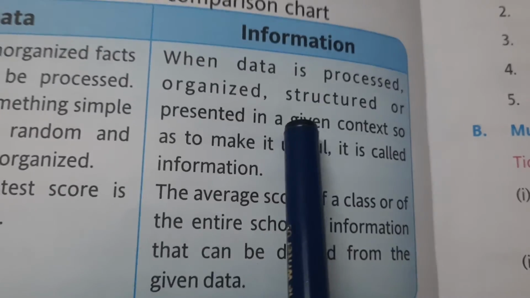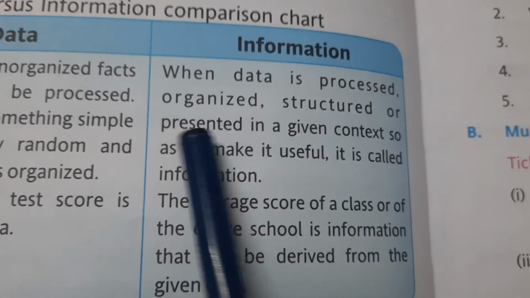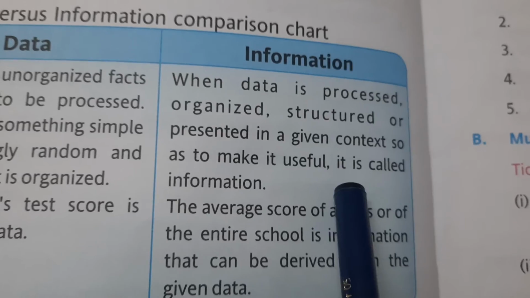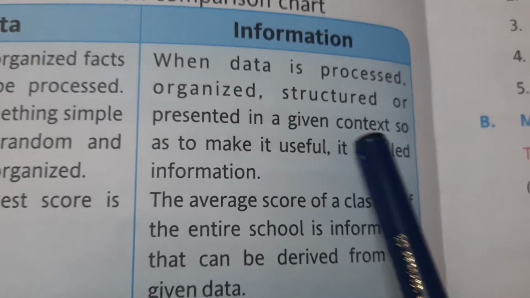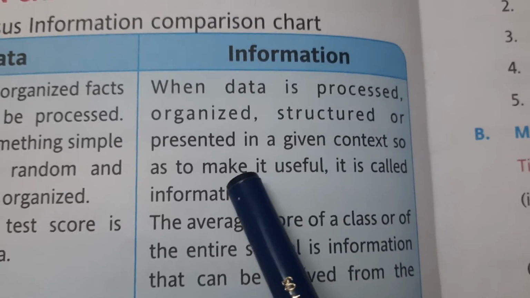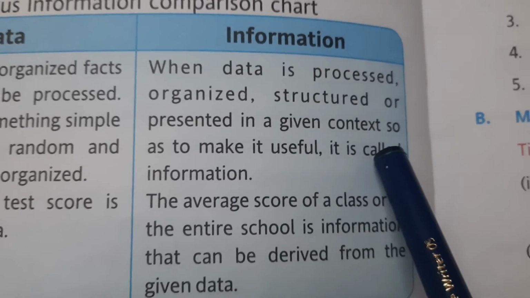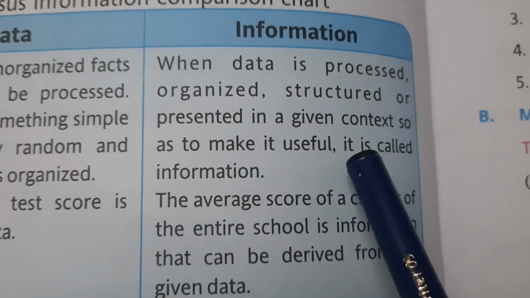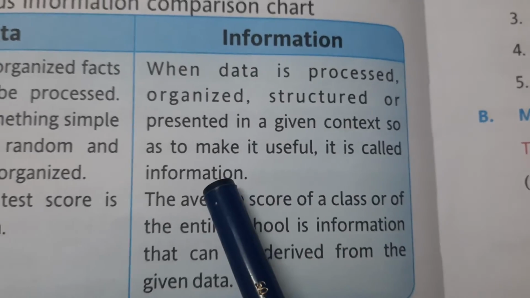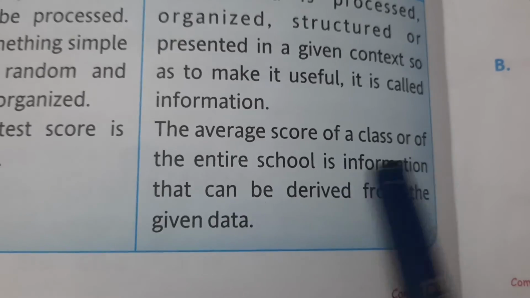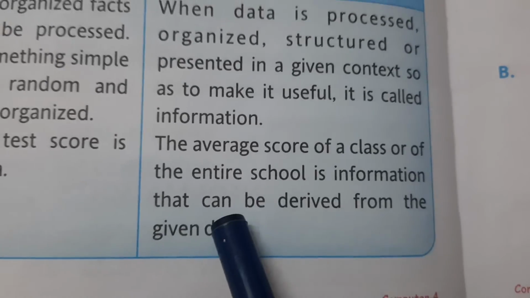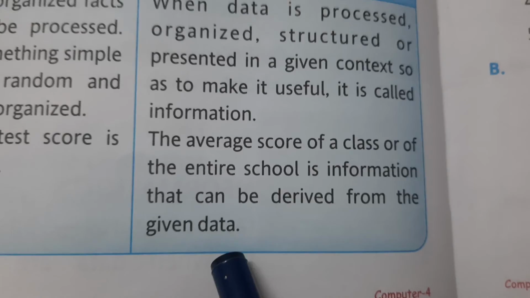Now, information. When data is processed, organized, structured, or presented in a given context so as to make it useful, it is called information. We have already discussed that after the data is processed, the meaningful thing that we get is called information. Like the average score of a class or of the entire school is information that can be derived from the given data.